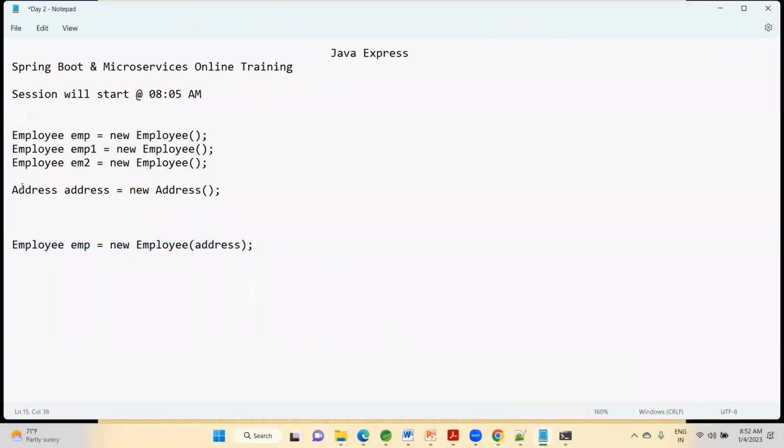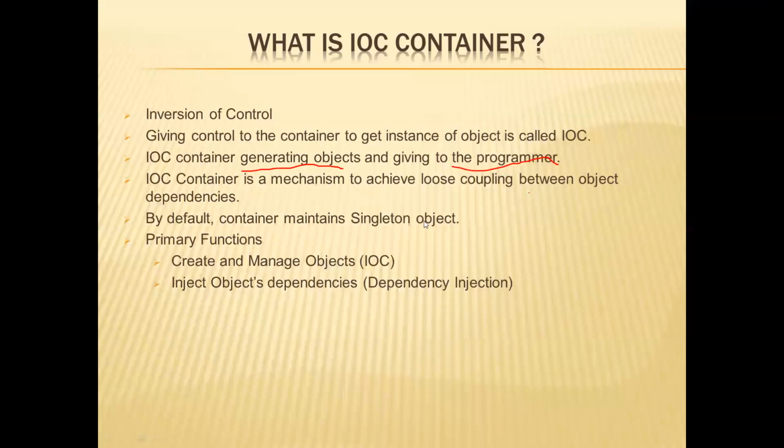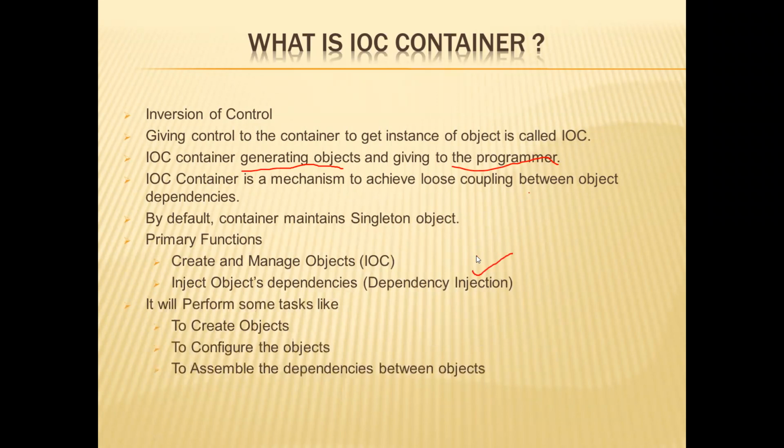To simplify this, the IOC takes care of everything. Employee is dependent on the Address reference, and we can perform this with the help of dependency injection. It performs tasks like creating the objects, configuring the objects, and assembling the dependencies between the objects.